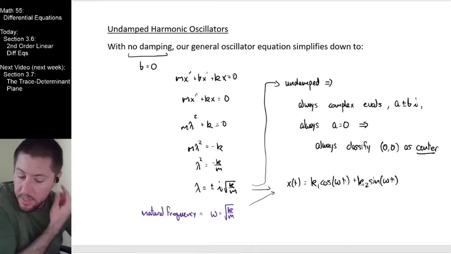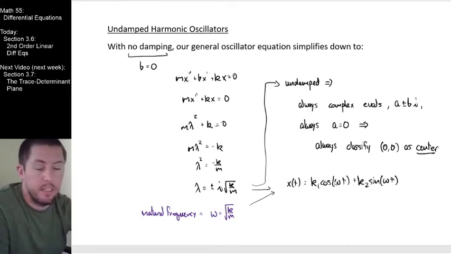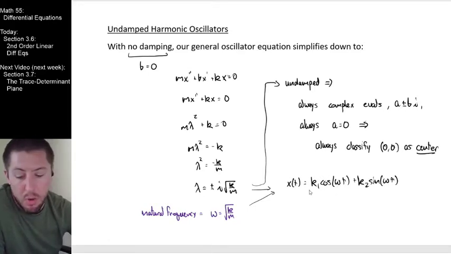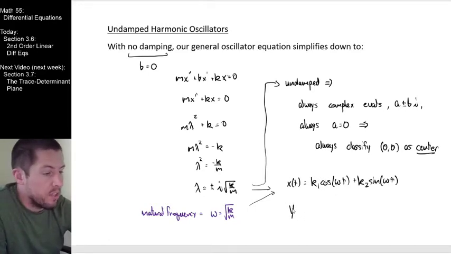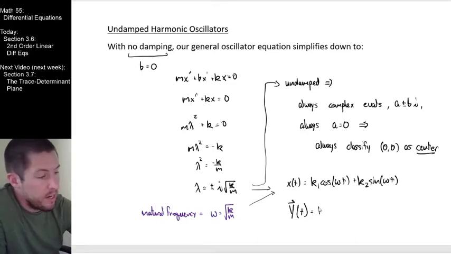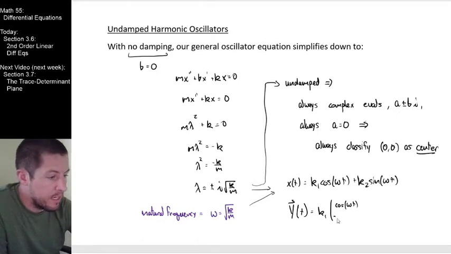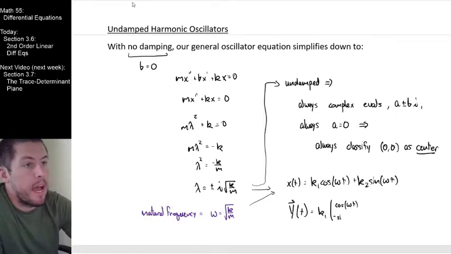And you should notice that when we take derivatives here, we're just going to get a change of trig function, a change of positive and negative, and pop out an additional omega term. So our general system solution for position and for velocity should end up looking like k1 times: the x component is the cosine of omega t, and the v component, the derivative of x, well, the derivative of cosine omega t is negative omega sine omega t.